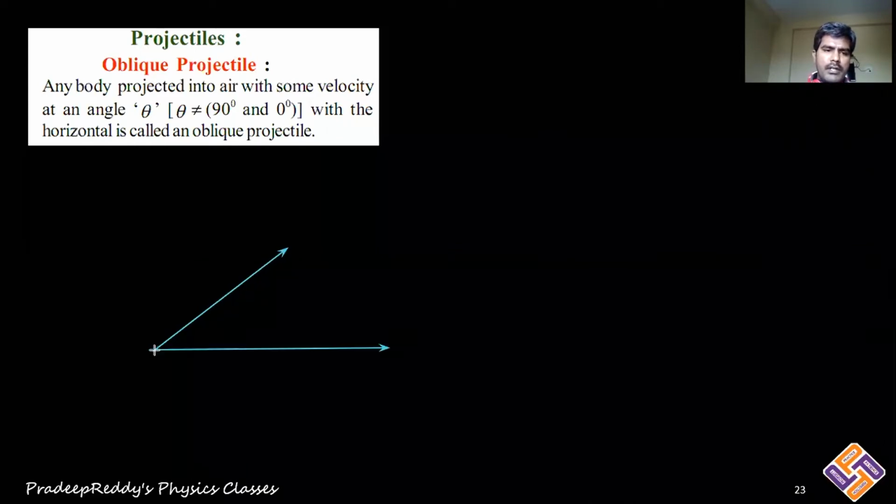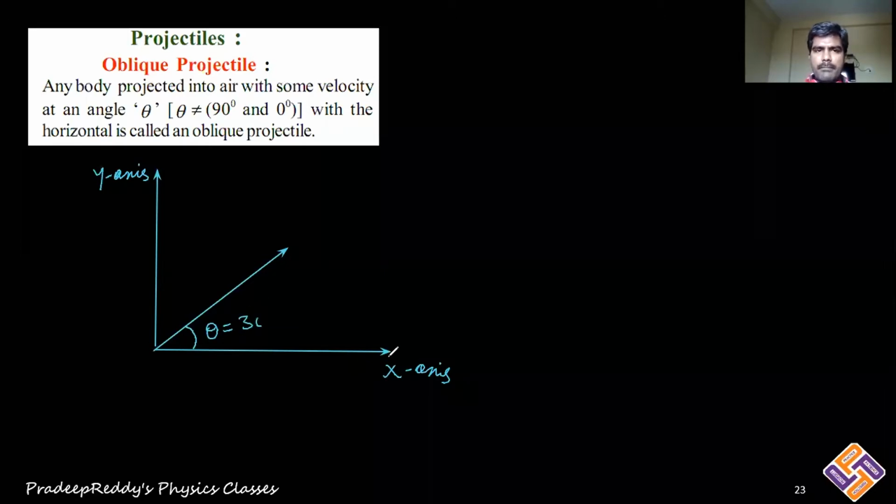This is horizontal and it is vertical. This is x-axis and it is y-axis. And you are giving some velocity to the body. It is making an angle theta which is equal to, say, 30 degrees.